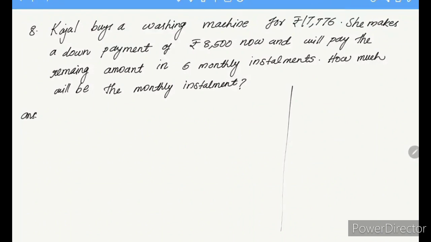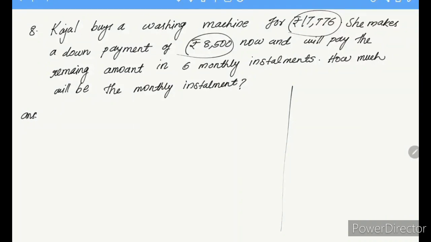Okay. 8th question. Kajal buys a washing machine for 17,776 rupees. For one washing machine, 17,776 rupees. She makes a down payment of 8,500 rupees now. That means she gave 8,500 rupees now. She will not give the full amount. She gave only 8,500 rupees as down payment.